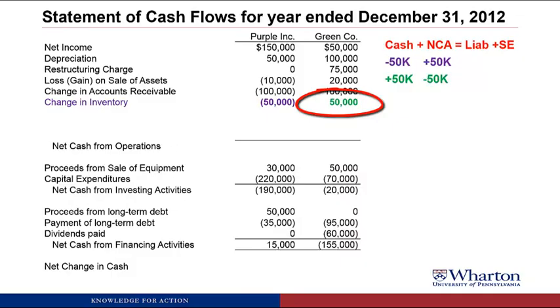We add that back on the cash flow statement to stay in balance. And what this means is that Green actually sold more inventory than they purchased. So not only did they sell whatever they had this year, but they tapped into the inventory at the beginning of the year and sold some of that as well. So that's an extra source of cash flow by selling the inventory from the prior period.